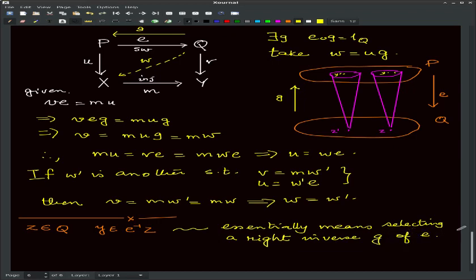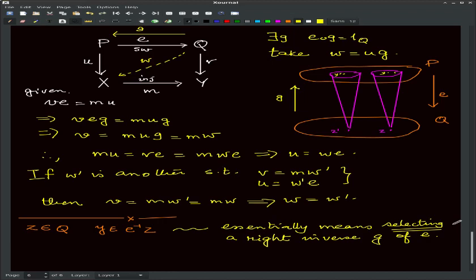Remember, you have to make a choice for all of them. So for all of them, making a choice of this pre-image is actually selecting a right inverse. Okay? The moment you make a change in one of those choices, you have changed your right inverse.